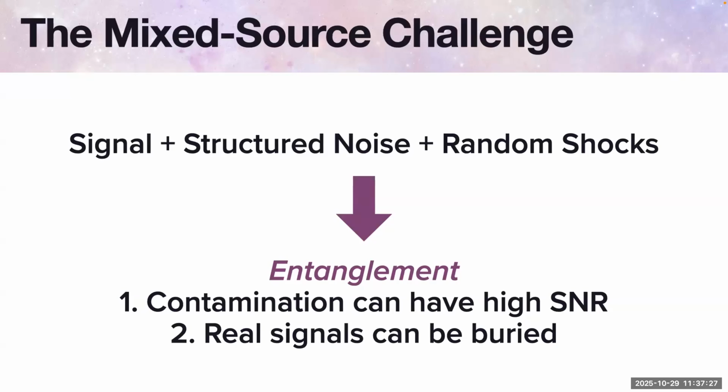I've used maybe charged words like contamination; structured error may be a more politically correct way of saying it. Structured error can have high signal to noise ratios, and conversely, real signals can be weak, so how might we proceed to disentangle some of this?